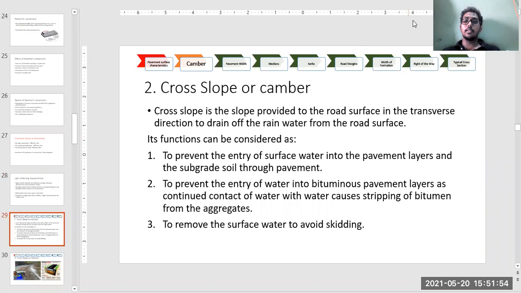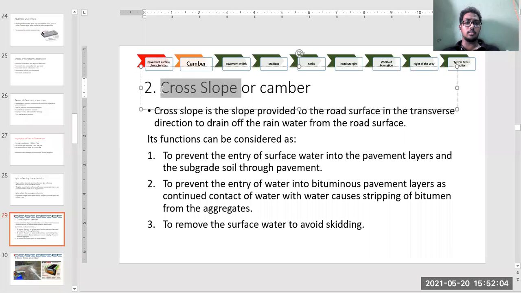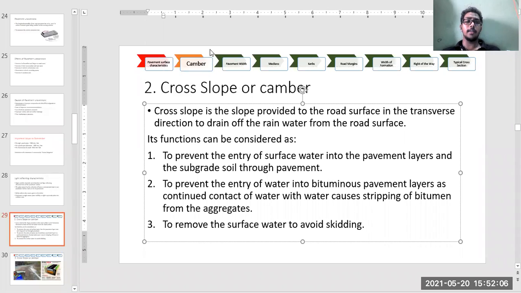And now we are coming to the second pavement cross section element, that is camber. So a camber can also be called cross slope. We have discussed cross slope, right? For example, when this is a road, the road will be in such a way that it is like this.